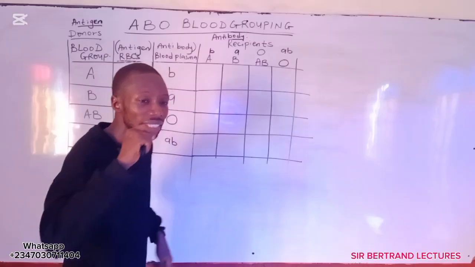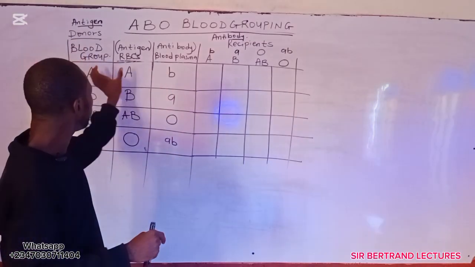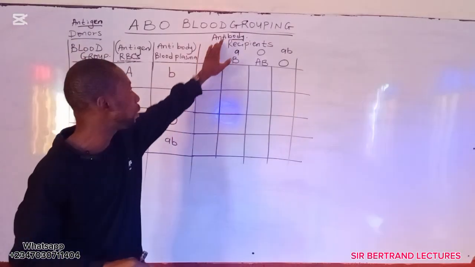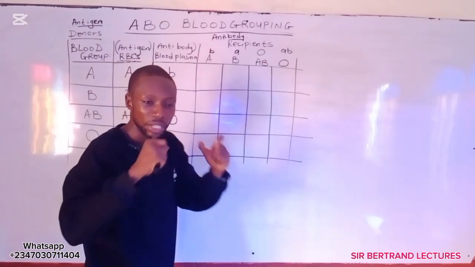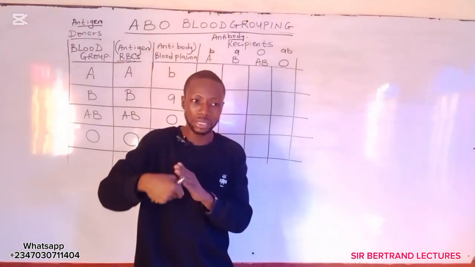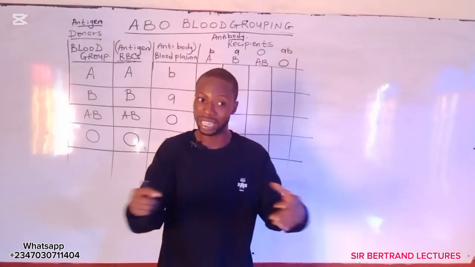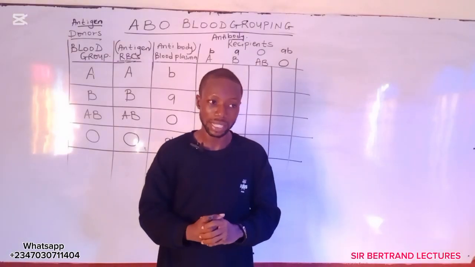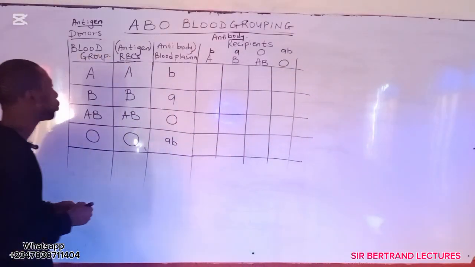You consider the antigen of the donor and the antibody of the recipient. If the antigen of the donor is similar to the antibody of the recipient, the blood cannot match together. Do you understand? All right, now let's look at the board.